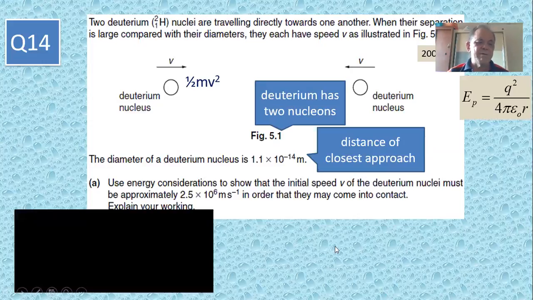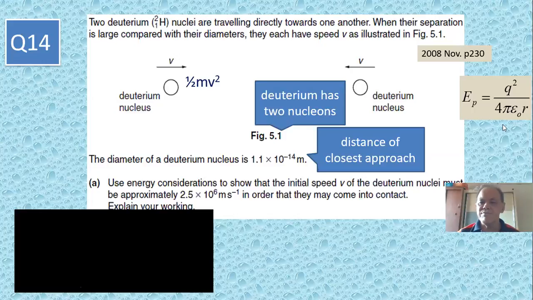And then we need to remember potential energy. Potential energy is given by this formula, Q squared over 4 pi epsilon naught R. You can get the potential energy for this nucleus from the formula sheet given. And then you just multiply by the charge of the other one.